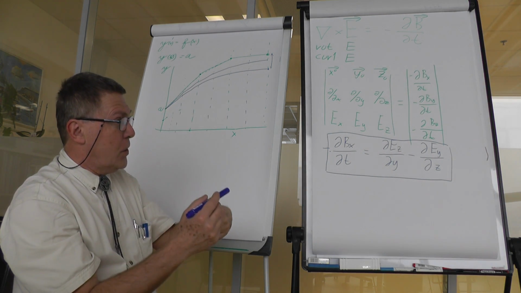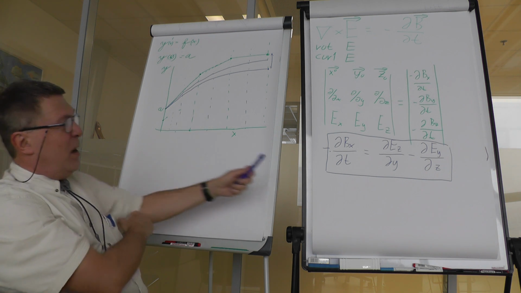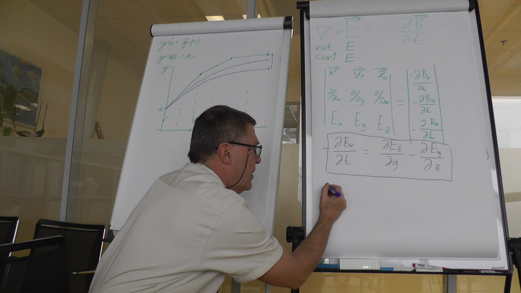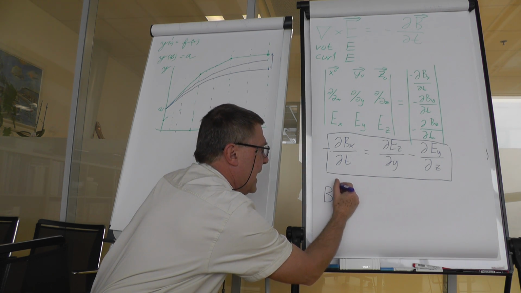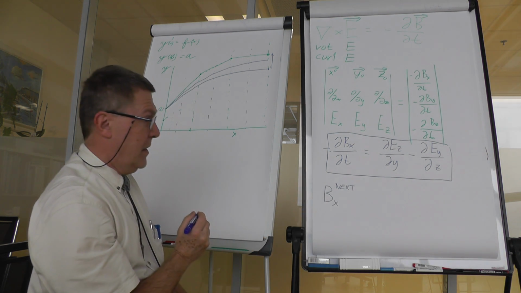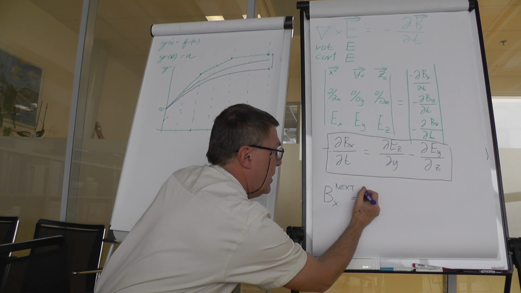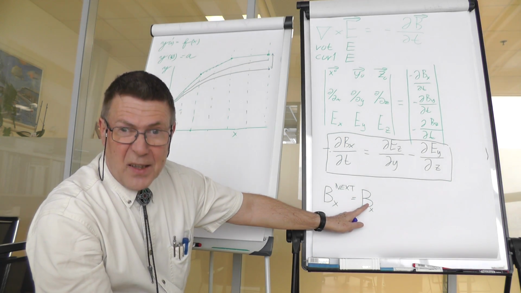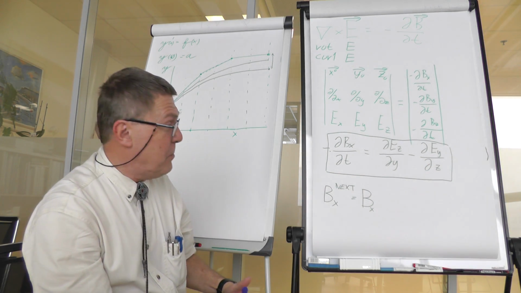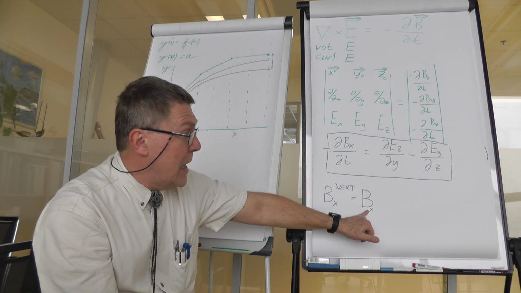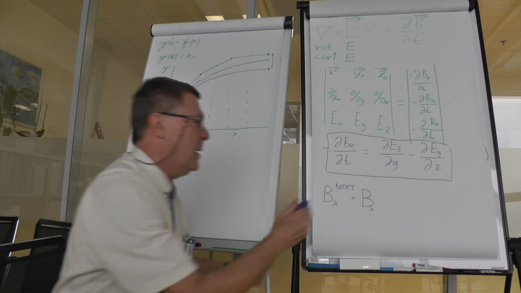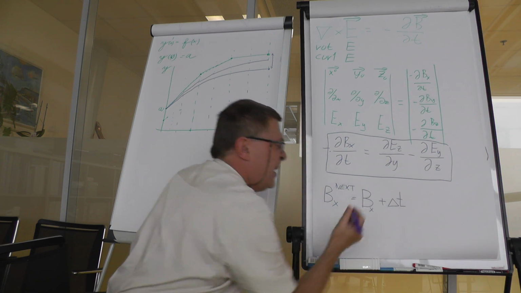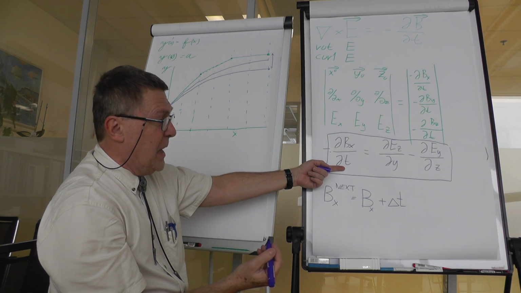So if we want to make an estimate of the next value of the Bx, I will call it next, then we have Bx, I mean the current Bx, I will not write it, otherwise I would run out of the paper, but to get the next value I use the current value and I add some time step, delta t, times the time derivative of Bx.